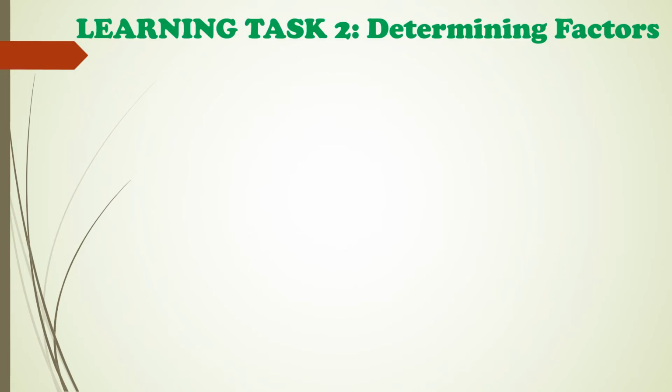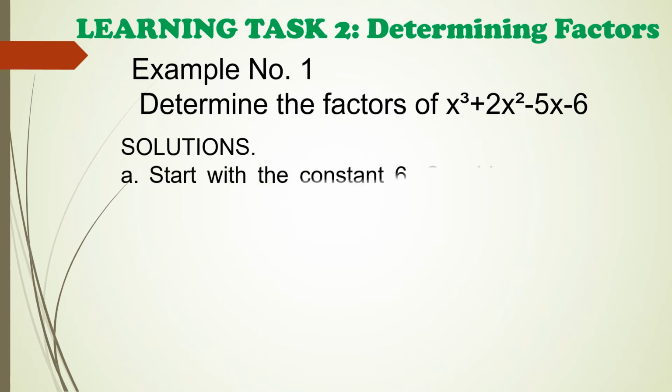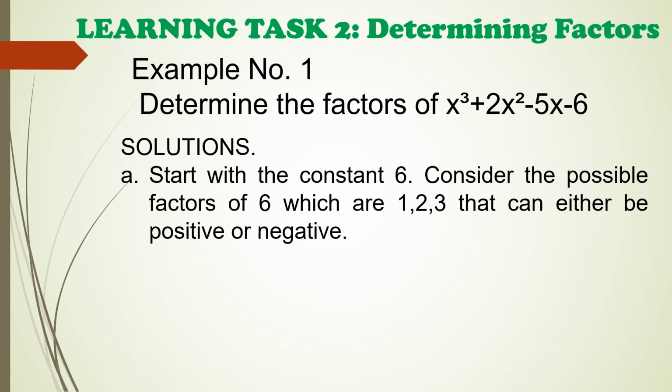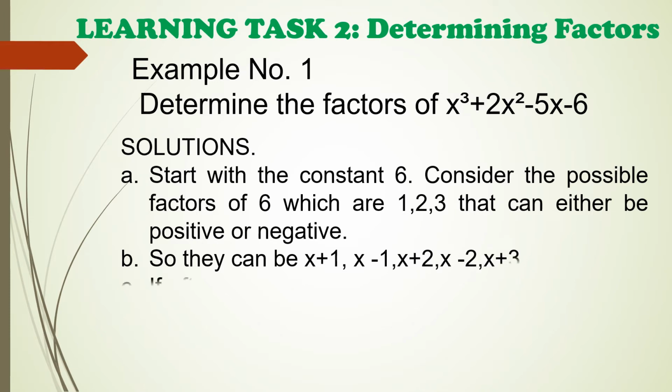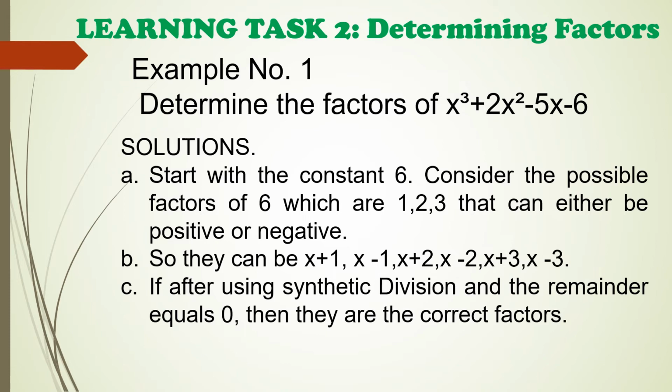Okay, so let's have learning task 2, determining factors. Example number 1. Determine the factors of x cubed plus 2x squared minus 5x minus 6. Solution, so we start with the constant 6. So consider the possible factors of 6, which are 1, 2, 3, that can either be positive or negative.